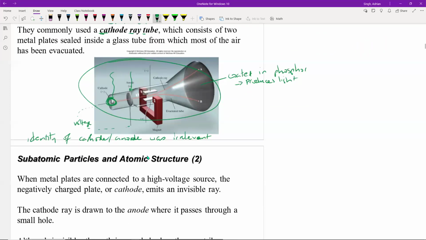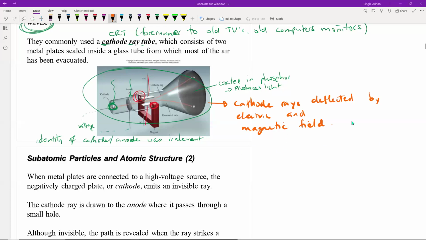What they also noticed was that when these cathode rays were subjected to either an electric field, so we have an electric field down here, or a magnetic field using the north and south magnet, they were deflected by both of those. That's a very important observation because it led to some of the characteristics of the cathode ray and what it was composed of.